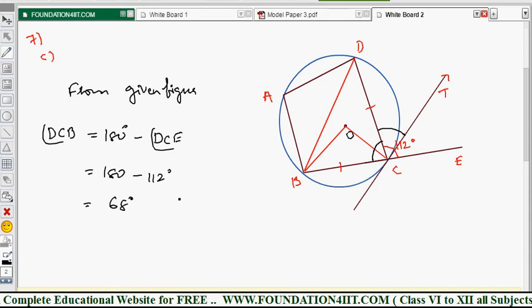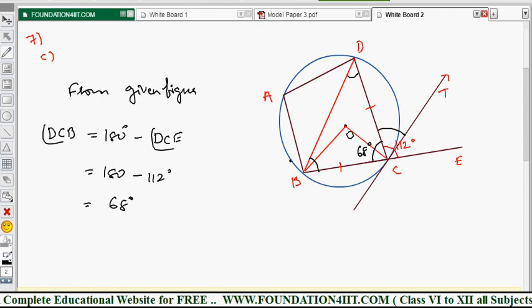So angle DCB is 68 degrees. And if you observe, triangle DBC is an isosceles triangle, because CD is equal to BC, so this angle and this angle must be equal. And the sum of the angles in a triangle is 180 degrees.